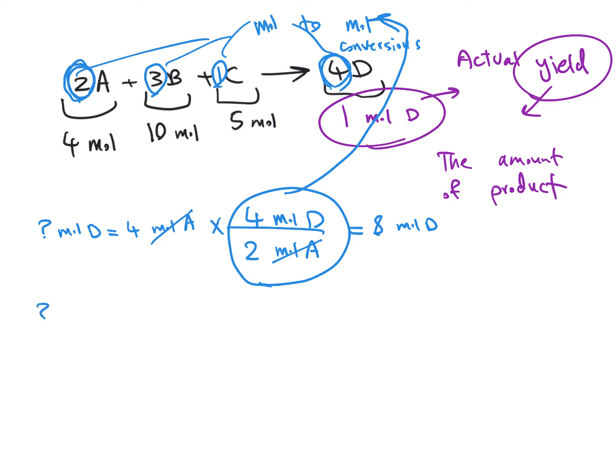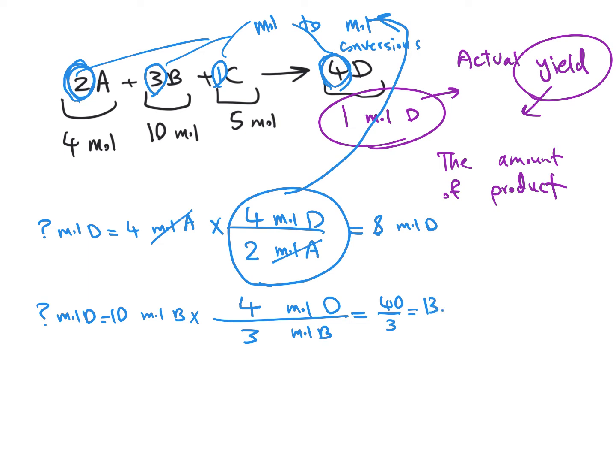You do the same for 10 moles of B. And 3 moles of B generates 4 moles of D. So 40 divided by 3, what is it, 13.33, right?